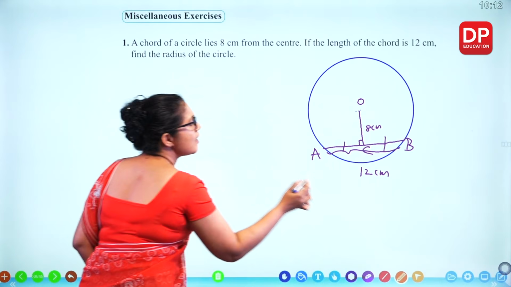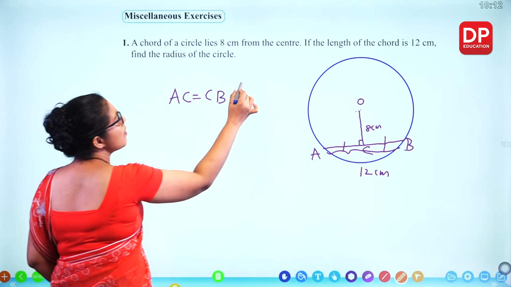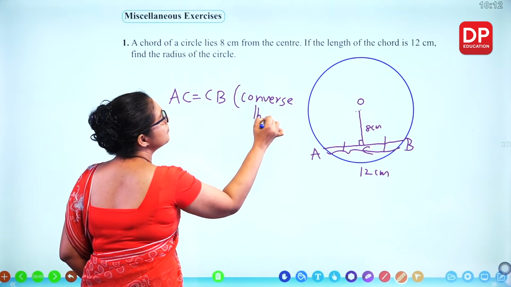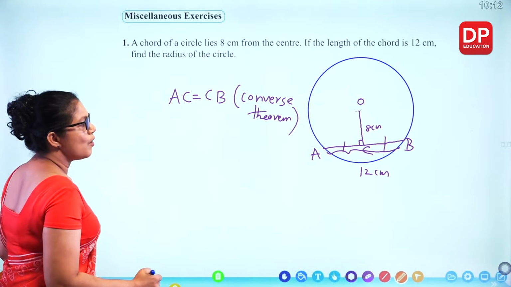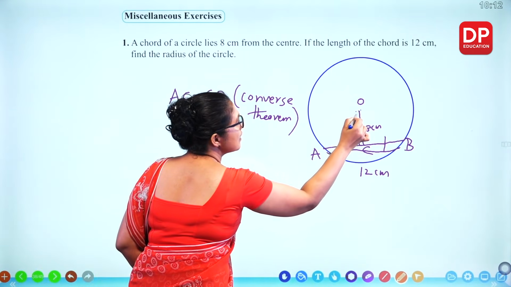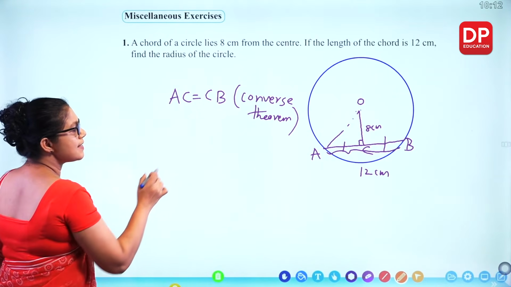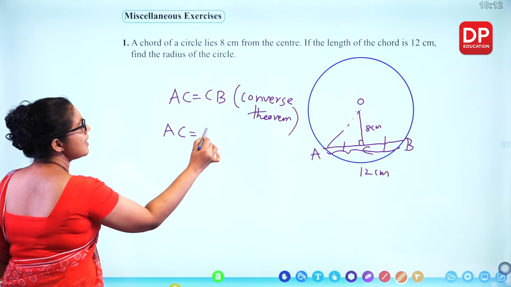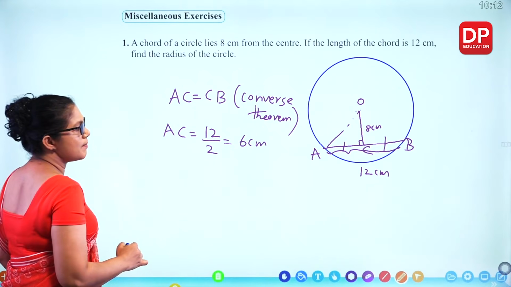AC length is equal to CB according to the Converse theorem. Now the full length AB is 12. So what is the length AC? Half of 12, that's 6 centimeters.